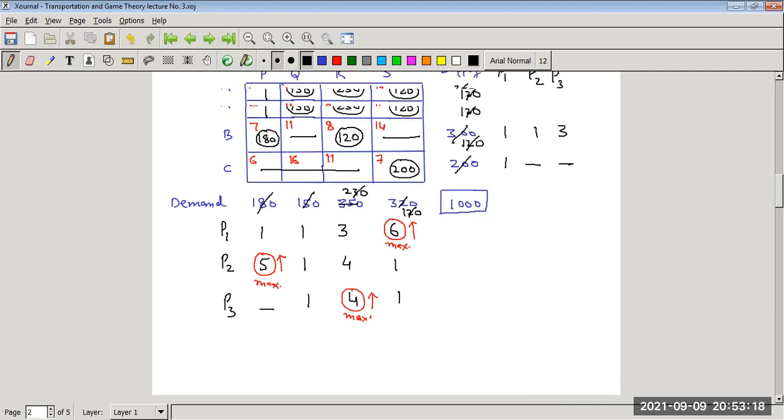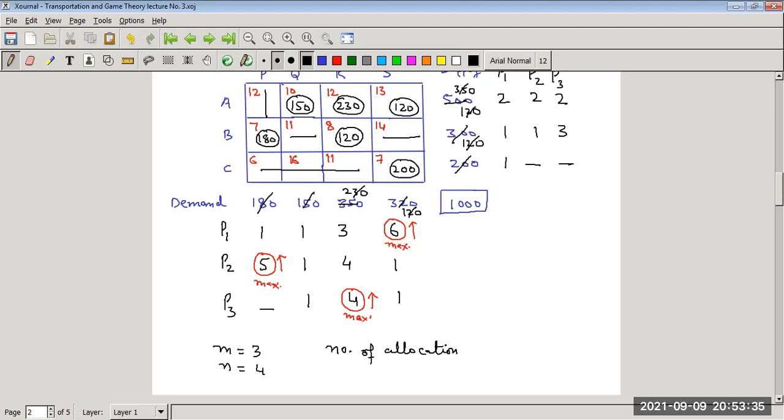If we take m as the number of rows, then the number of rows is 3, and n, the number of columns, is 4. Therefore, the number of allocations is m plus n minus 1, that is 3 plus 4 minus 1, which is 6.